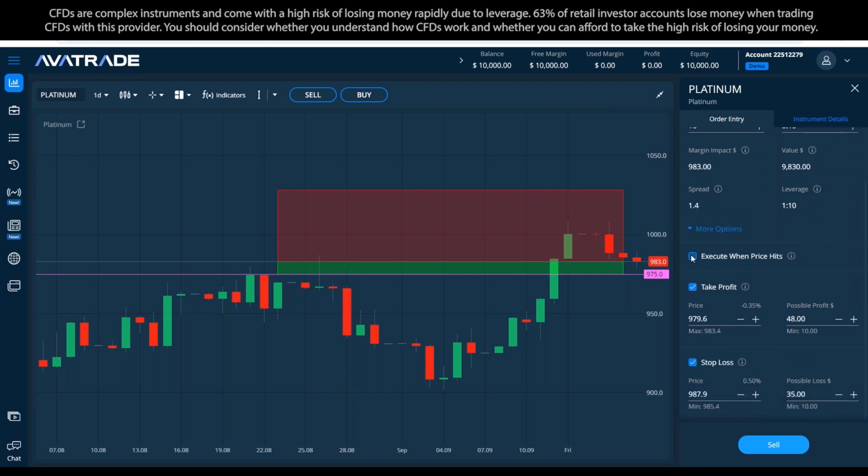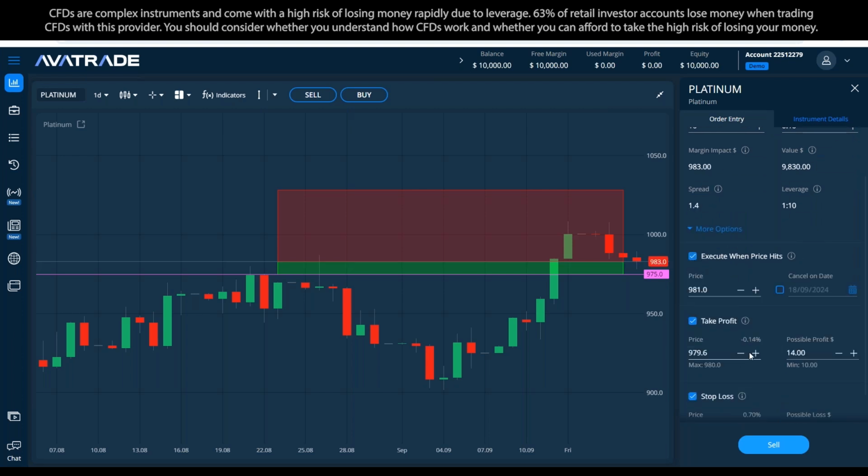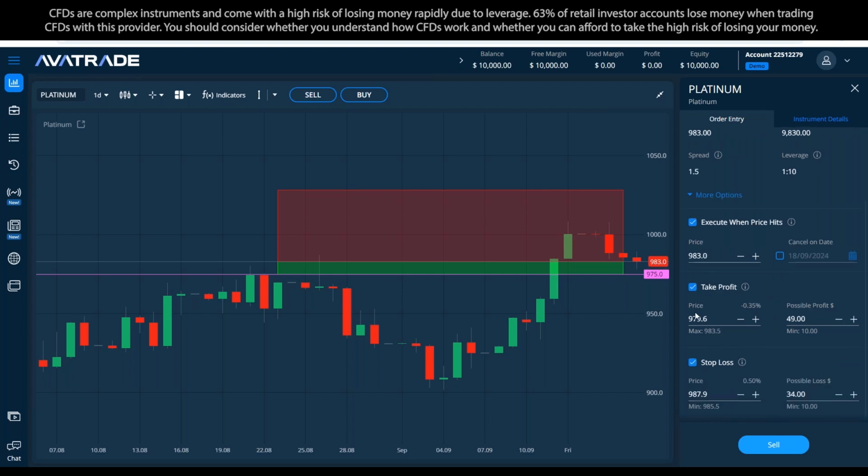But if I click here on execute when price hits, then I'm asking the platform, I wish to sell platinum only at this price. And then the numbers don't change, because it's based on this entry. Let's even take it a little higher. And now we can match the $4 that we have to a precise number.